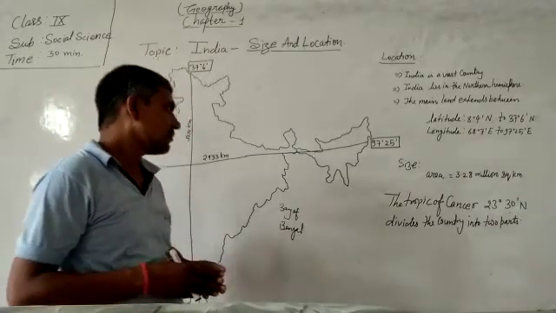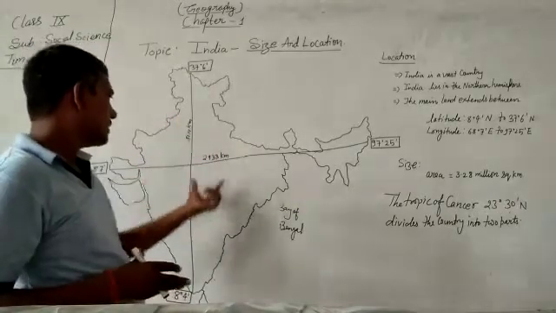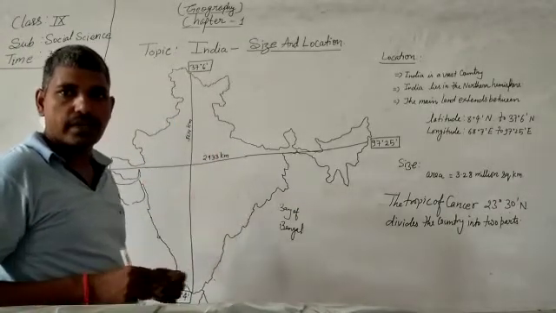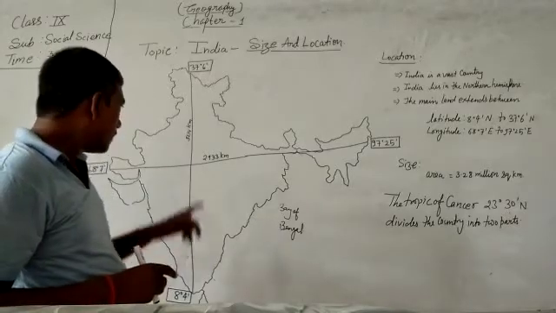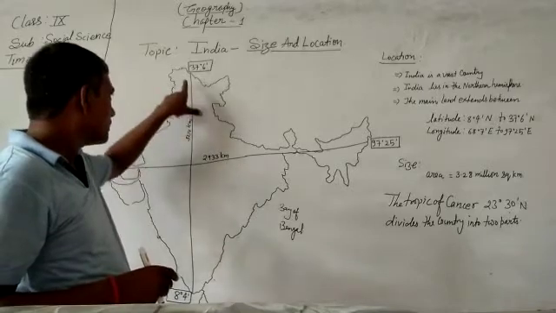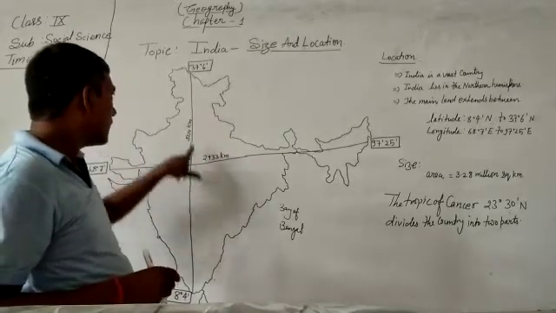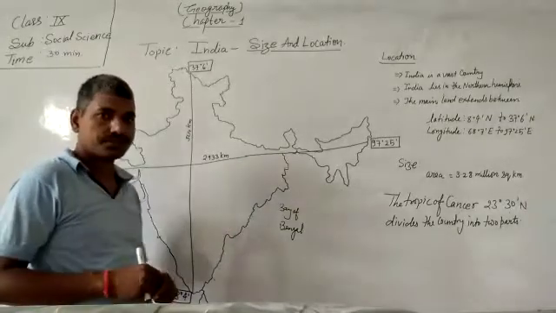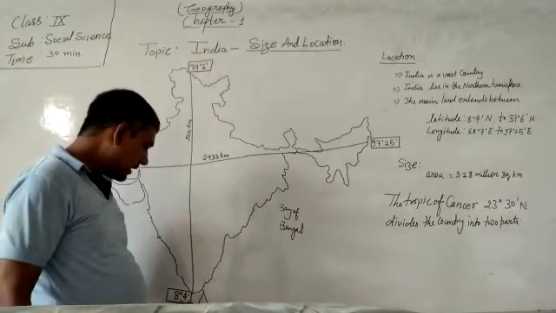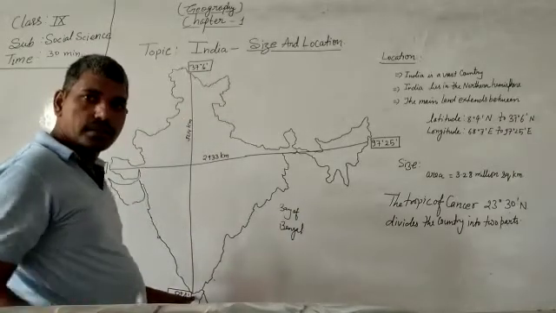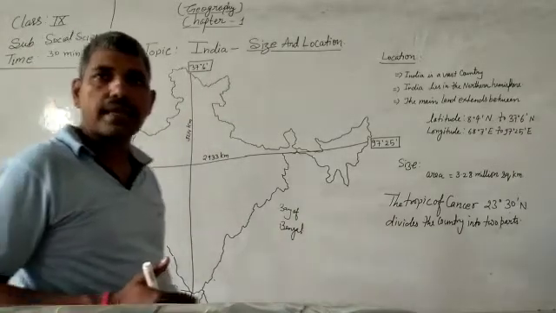Let us see. You see this rough sketch of the political map of India, and we have denoted two lines here, one in the northern direction and another for the eastward direction. You can see some data written here. These data are showing the extensions of the mainland.